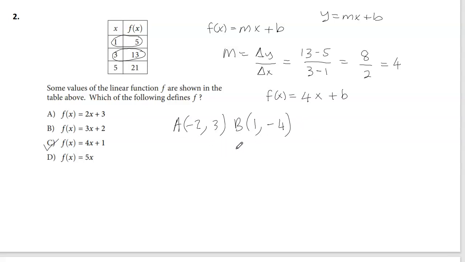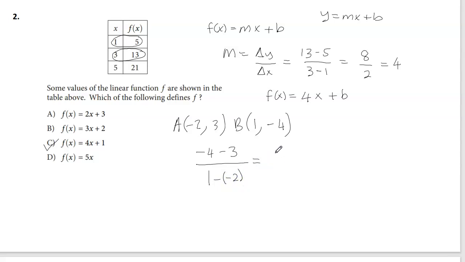So for example, in this case, it depends on which one you want to subtract from which, right? Let's say I'm subtracting A from B. So I would say minus 4, which is the y value, minus 3, which is the one for A, and then 1 minus 2.